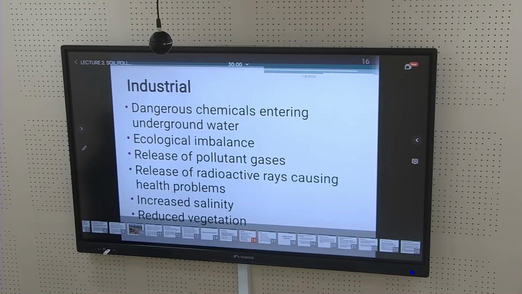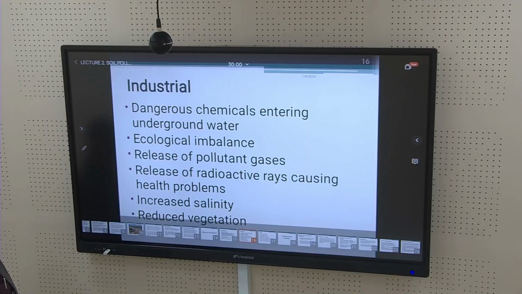Role of industry in soil pollution. Dangerous soil effects can come from dangerous chemicals entering underground water, ecological imbalance, release of pollutant gases, release of radioactive rays causing health problems, increased salinity, that means a lot of salt, for example in water, in soil.